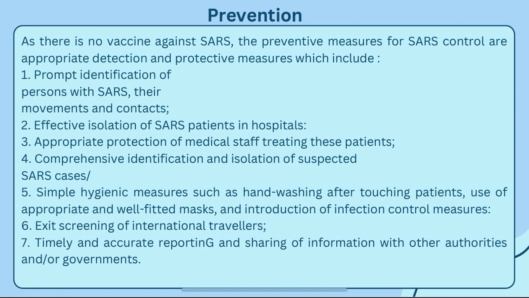The comprehensive identification and also the isolation of suspected SARS cases. For instance, if a person is infected with SARS, we need to see his contacts. And comprehensive identification has to be done of those people, and they have to be isolated as suspected SARS cases.